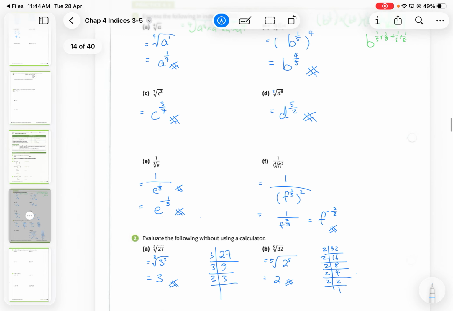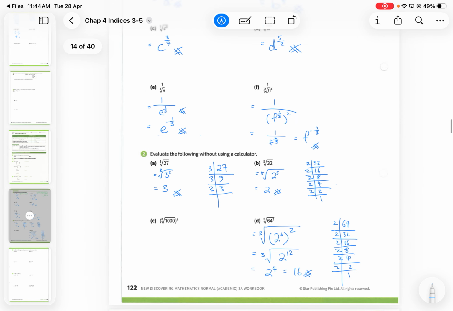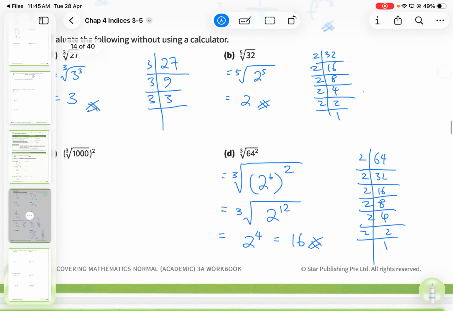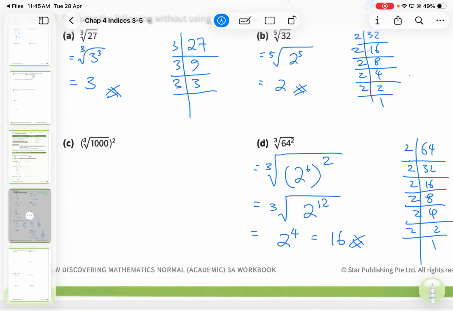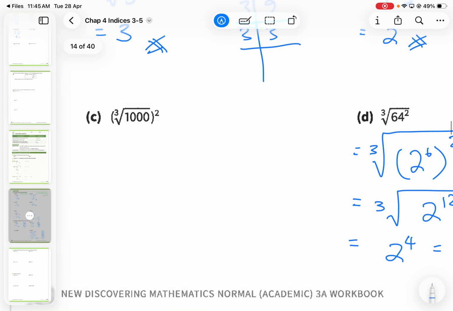Try 6C. Okay, help you get started. 1,000, 3 zeros. So what is it? It is 10 to the power of 3. 10 times 10 times 10. So 3 zeros already. Okay? So we don't need to change it to 2 times 5. Just use 1000 equals to 10 cubed.